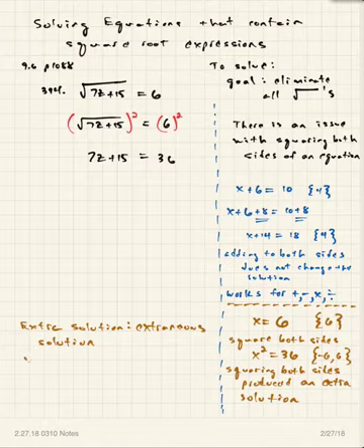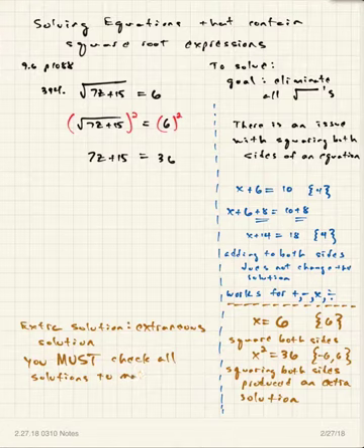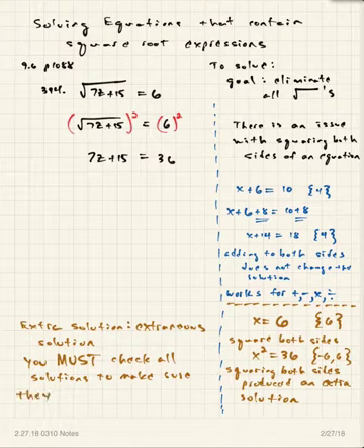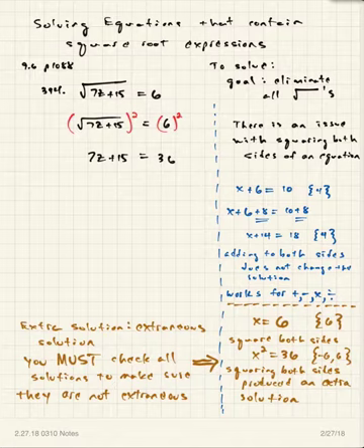So the moral to the story here with square root equations is you must check all solutions to make sure they are not extraneous or extra solutions. All extraneous solutions have to be thrown out of the solution set, right? Because they're not really solutions to the original equation.